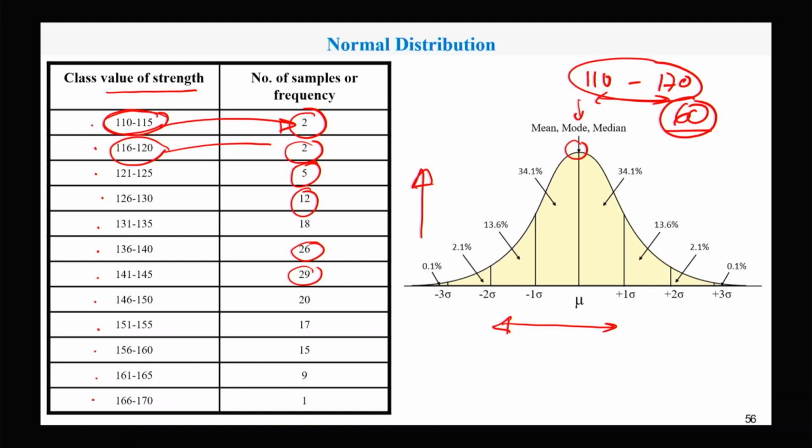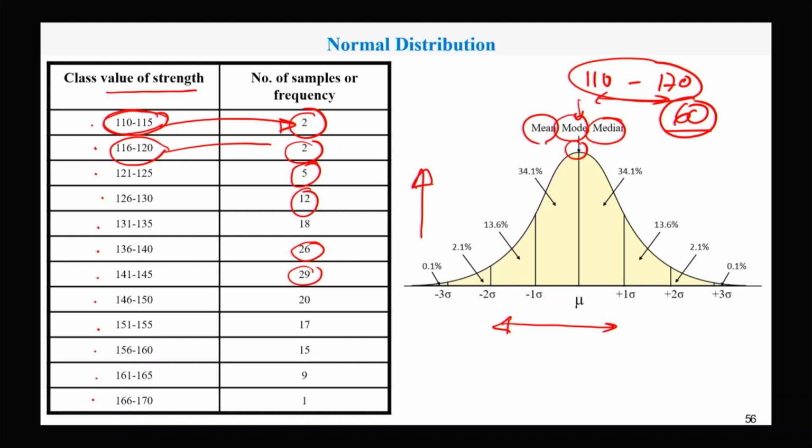So in normal distribution, the central point is actually mean, mode and median, they coincide. If this mean, median and mode coincide at the central point and the distributions are even in both the sides, then we will call it as normal distribution.